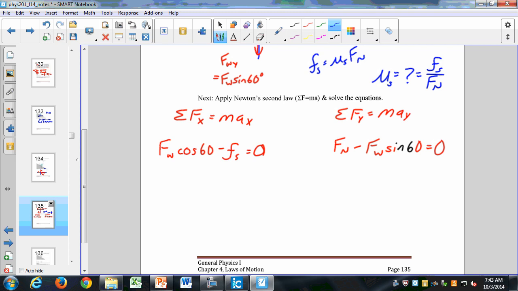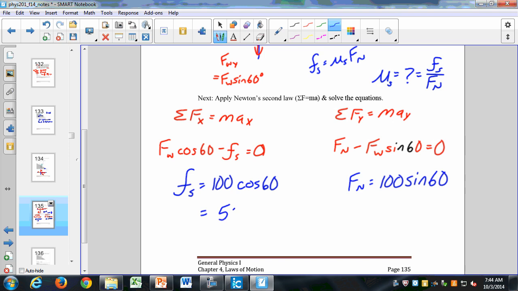Right. Okay. So I can find Fs here. Fs is equal to 100 cosine of 60. And then Fn is equal to 100 sine of 60. Alright, that's going to be 50. This is equal to 90.